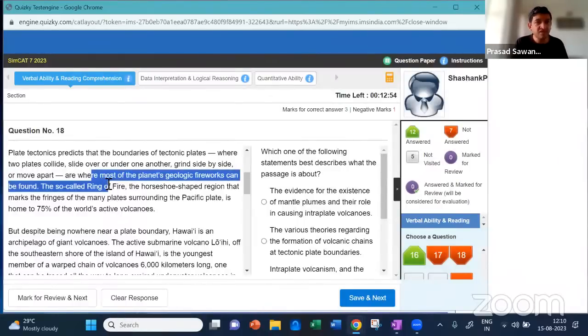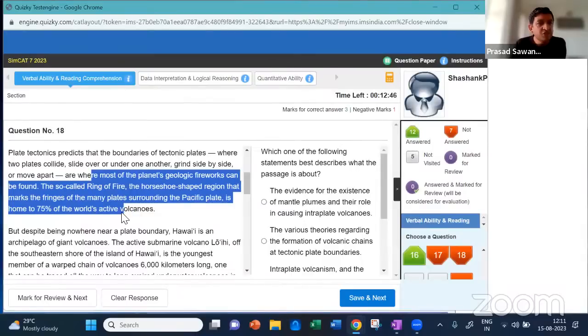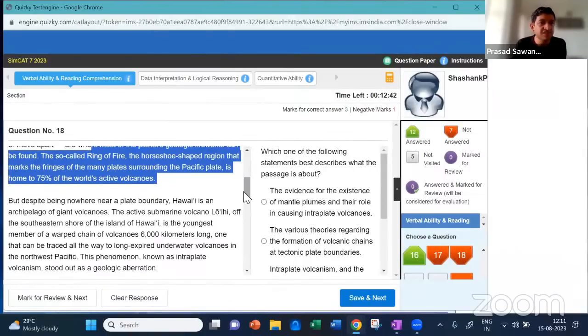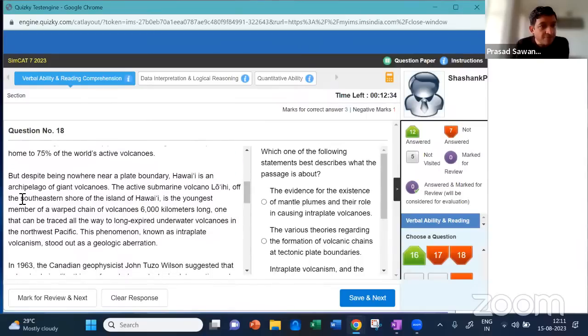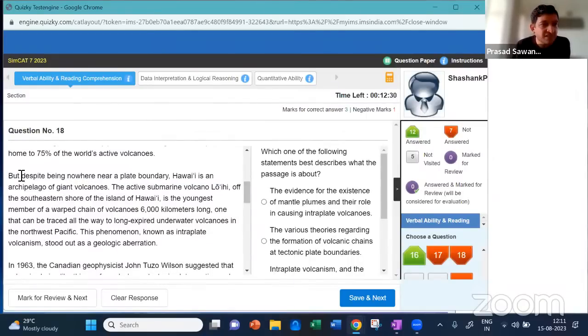Most of the planet's geologic fireworks can be found there. A ring of fire, a horseshoe-shaped region that marks the fringes of many plates surrounding the Pacific plate, is home to 75% of the world's active volcanoes. Okay, so this one we're talking about is between Asia and the west coast of America. I'm assuming it's the Pacific.